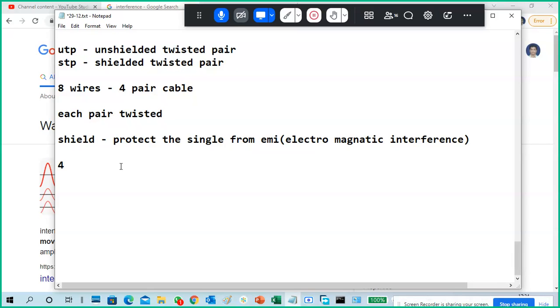So it has four colors and four white colors. What are the four colors? Blue, green, brown, orange. Actually, these are the four colors: green, blue, brown, orange. The important colors are orange and green.